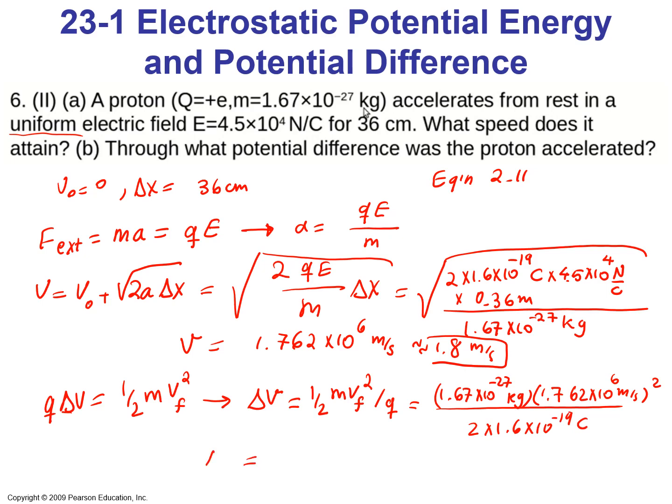That simplifies to delta V equals 1.62 times 10 to the power 4 volts, almost 1.6 times 10 to the power 4 volts. That is the answer.